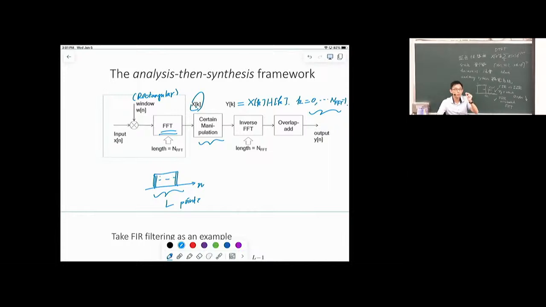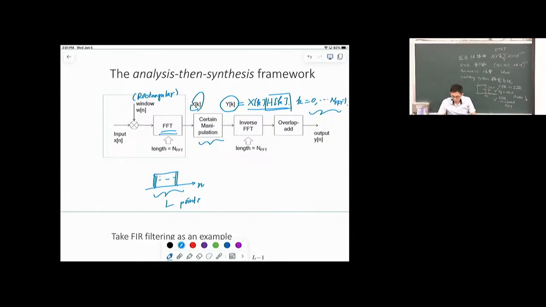Sample-wise multiplication in the frequency domain means what? It means convolution in the time domain. And that's the FIR filter. FIR is convolution in the time domain. But we know that convolution in the time domain is equivalent to multiplication in the frequency domain. So therefore, just by multiplying our spectrum with our transfer function, we get the output spectrum. We get one block of output.